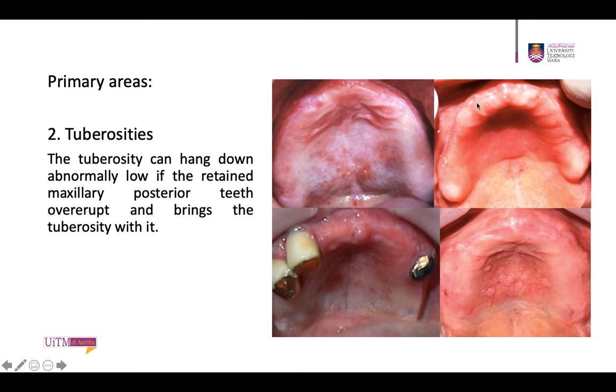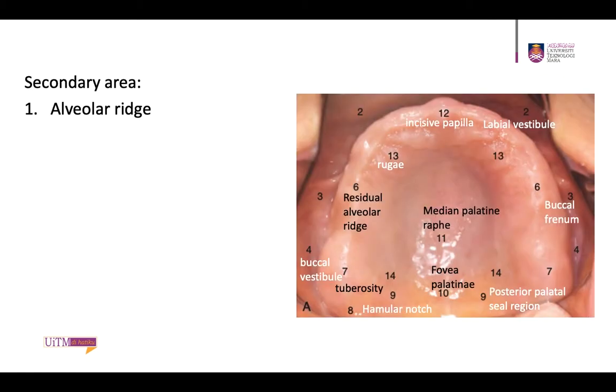In this situation, the patient used to have teeth in this area, which have been retained for so long, and the teeth have over-erupted and brought down the tuberosity with them. In this situation, usually you have to do some modification before you provide the patient with a maxillary complete denture.